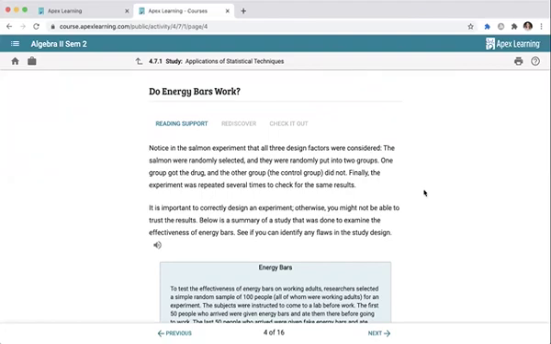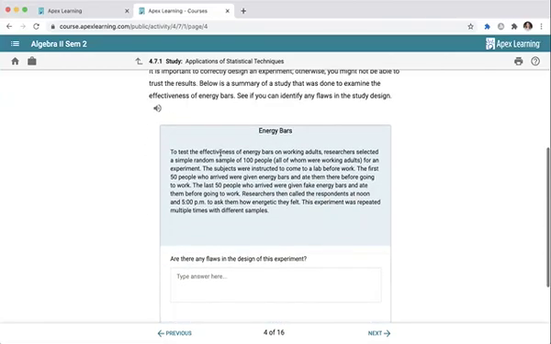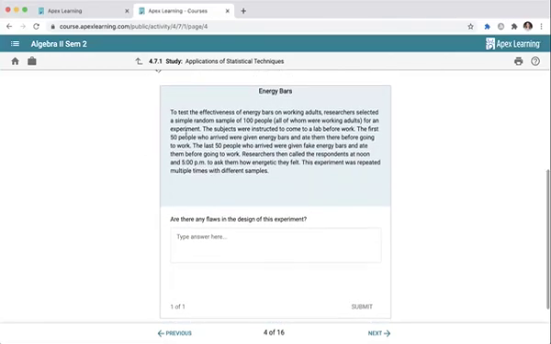All right. So if we look at this example here with energy bars, okay, so it's saying to test the effectiveness of energy bars on working adults, researchers selected a random sample of 100 people, all of whom were working adults for an experiment. The subjects were instructed to come back to a lab before work.